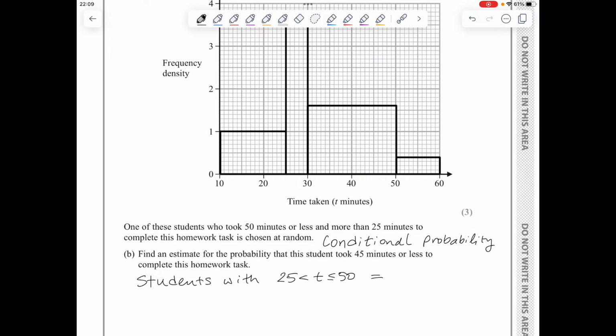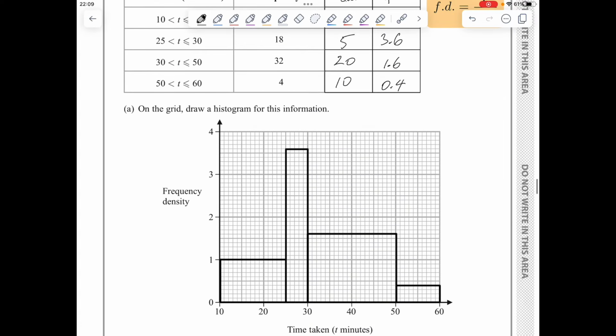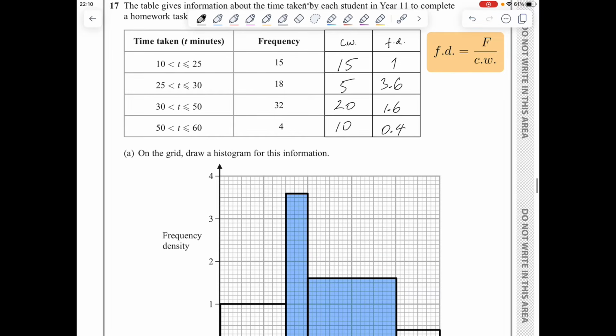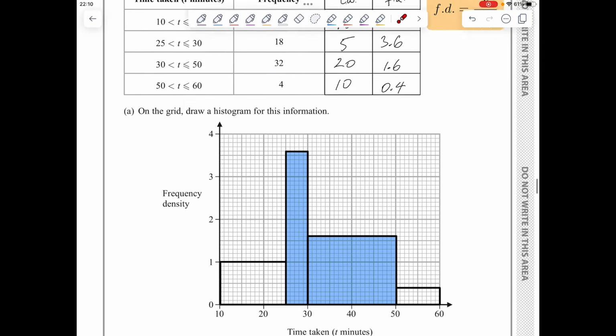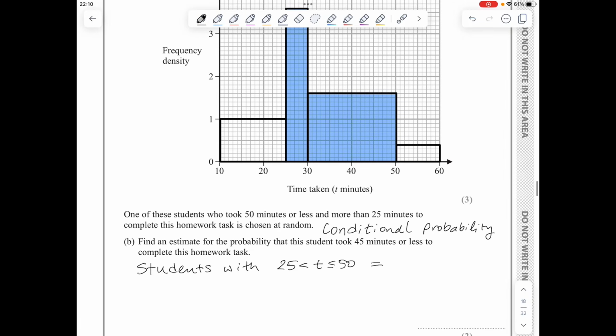So let's go back to the histogram, I need the following students. Now I don't need to do any calculations for this because I have this ready from the table above. So 18 and 32 makes 50. Let's write this down. 18 plus 32 equals 50.